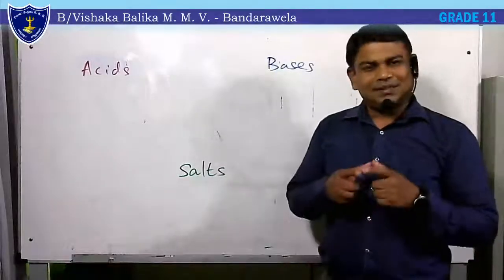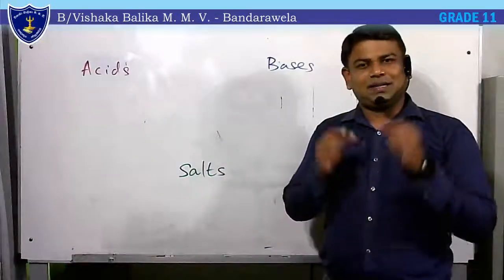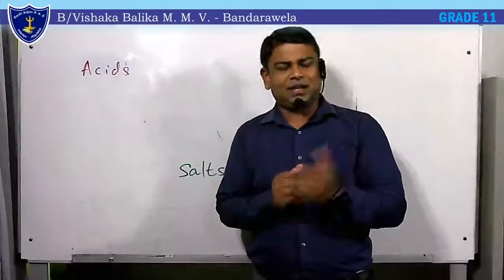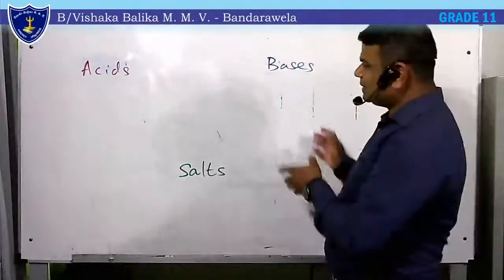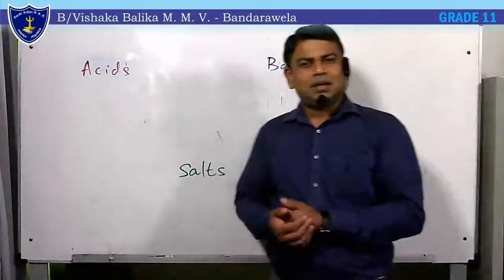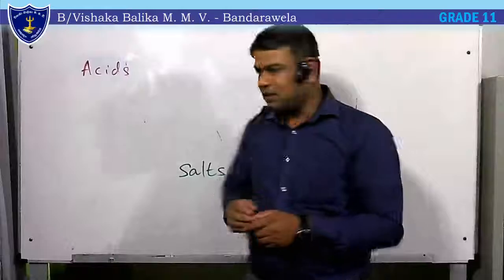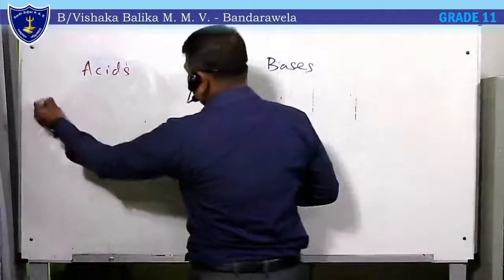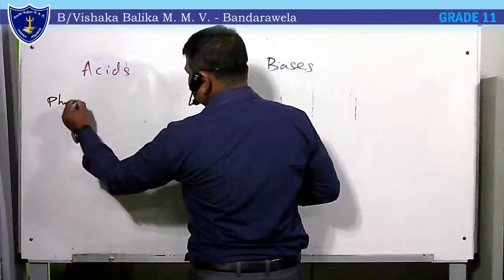Right. Then let's learn how an acid gets its acidic features, how a base gets its basic features, and how salts get their features. Basically, let's talk about the physical characteristics. Physically, how can we feel acids?